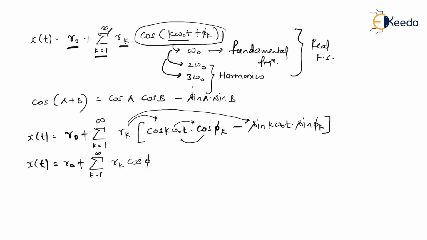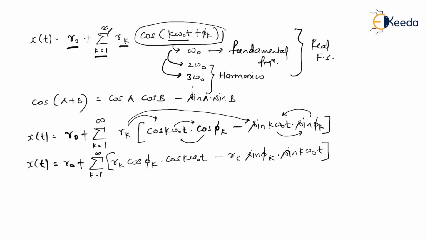So I'm writing Rk cos phi k cos k omega naught t. We have a negative sign here, Rk. I'm writing sin phi k first, sin phi k sin k omega naught t.